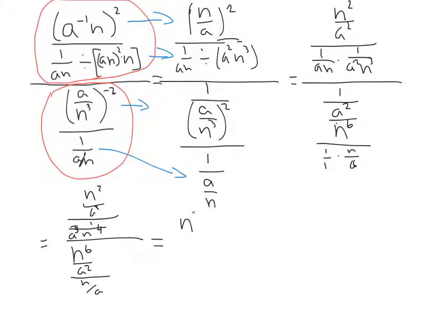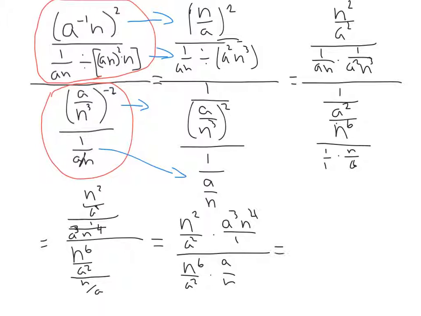So on the top you're going to get n squared over a squared times the reciprocal of 1 over a cubed n to the fourth, which is going to be a cubed n to the fourth over 1. And this is all over n to the sixth over a squared times the reciprocal of n over a, which is a over n.